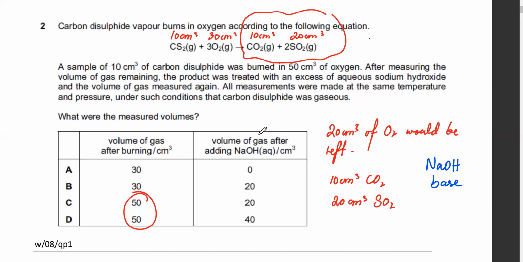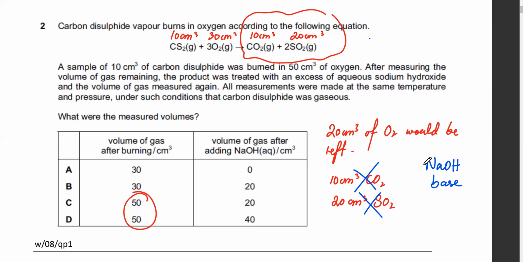Any idea which of these gases are acidic? Is oxygen acidic? I mean, we breathe in oxygen all the time. Is it acidic? No. CO2, I think so. Non-metal oxides are acidic. Carbon dioxide is acidic. Sulfur dioxide makes sulfuric acid when you dissolve it in water, so that's also acidic. So these two will react with the NaOH.